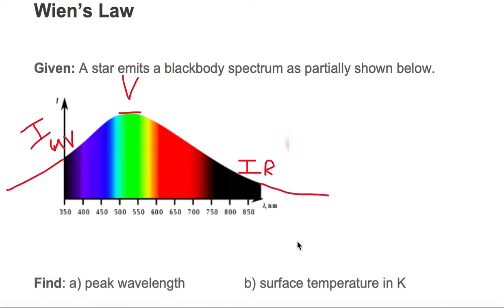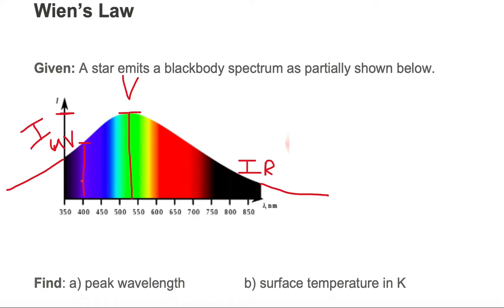Now, the first thing we want to find is the peak wavelength. Peak means find the peak in the graph. Here's our V band, the entire visual band of the electromagnetic spectrum, and notice that this star emits most of its light in the visual band. We draw a line at the top where the peak is, and draw a line horizontally across to the intensity axis. If we compare violet light being emitted to green light, we see that the star emits much more green light.